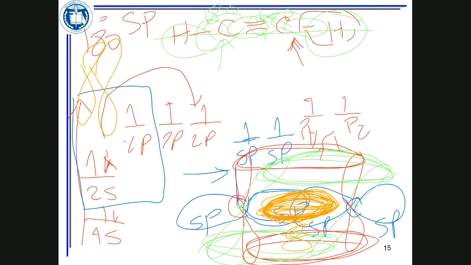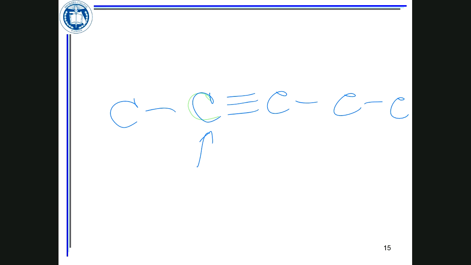You might need to know it just for this chapter, but from now on, all you need to know is that anywhere you see a carbon, let me change the color, maybe blue is better, if you have a carbon-carbon triple bond in a molecule, and you are asked what is the hybridization for this carbon, your answer, even if they wake you up in the middle of the night, should be sp hybrid.